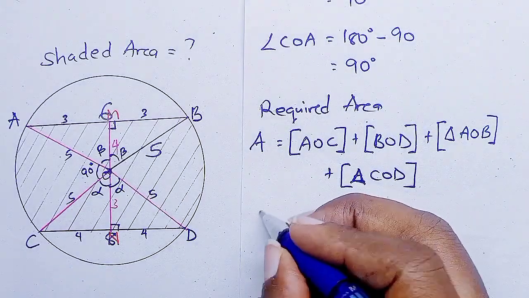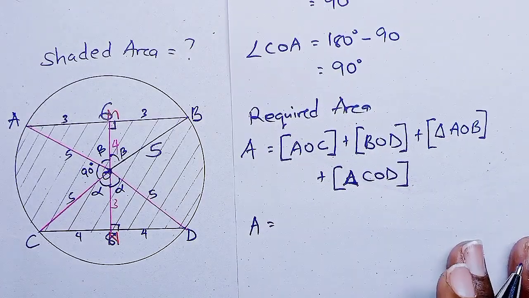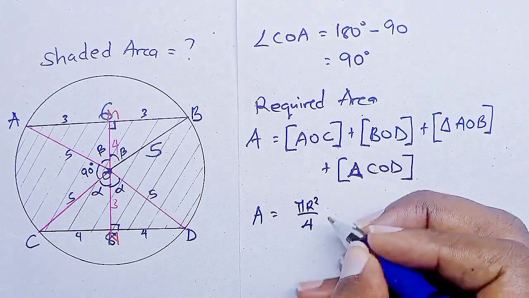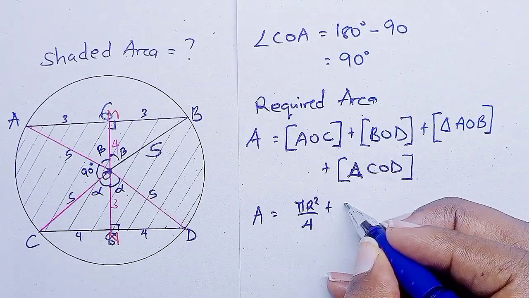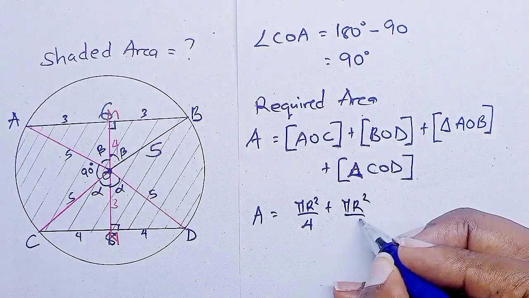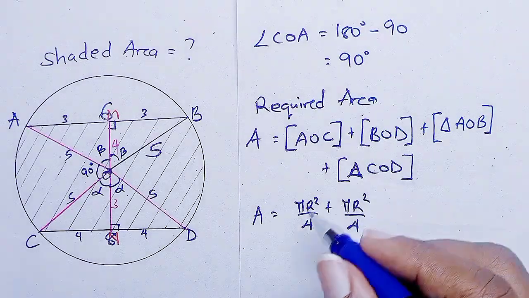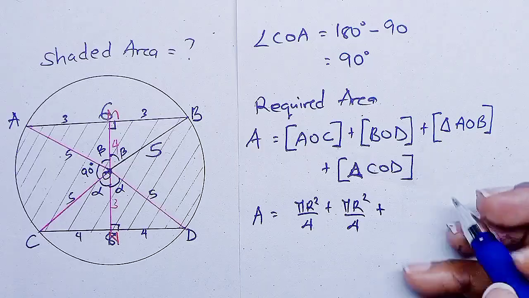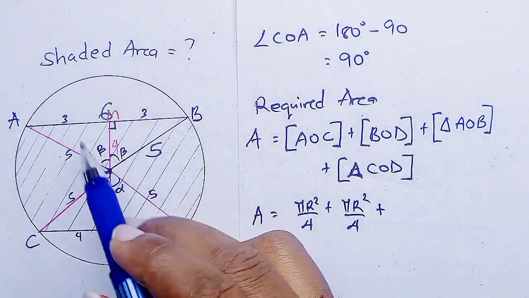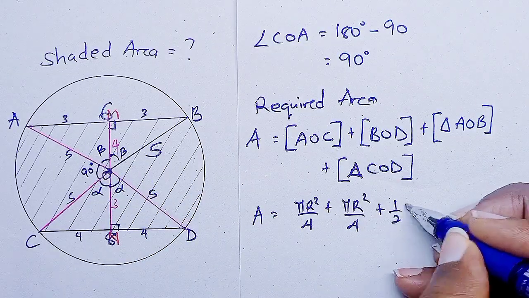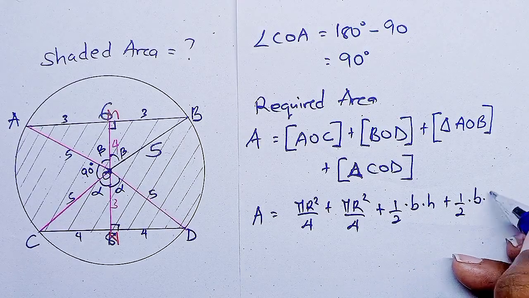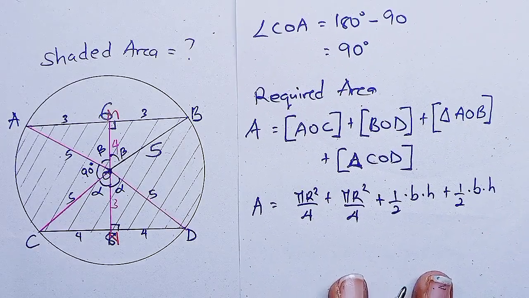Okay, so area will be equal to, the area of a sector is pi r squared over 4. So that sector plus pi r squared over 4 plus the area of this triangle here, which is a half times base times height, plus a half times base times height.